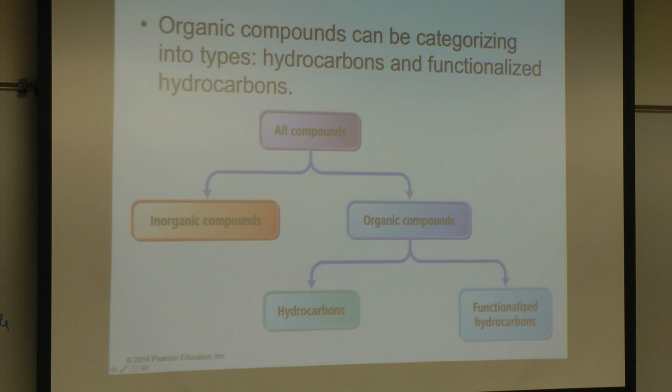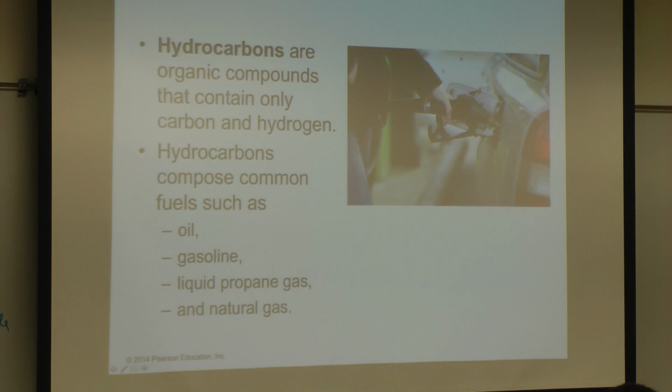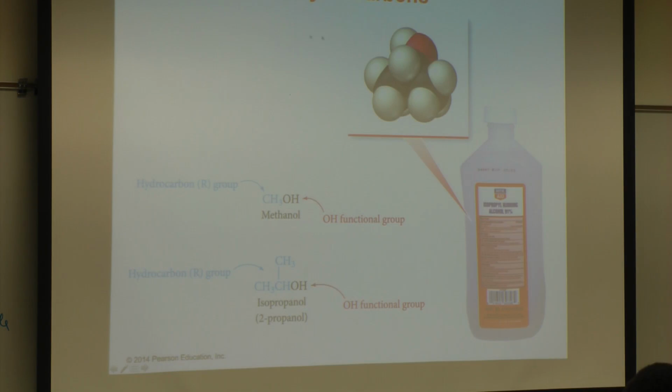And what do we call these organic compounds? We refer to them as hydrocarbons because it is hydrogen and carbon. Some common ones can be found in gasoline, propane gas, and natural gas. And so of course, this is rubbing alcohol, right?